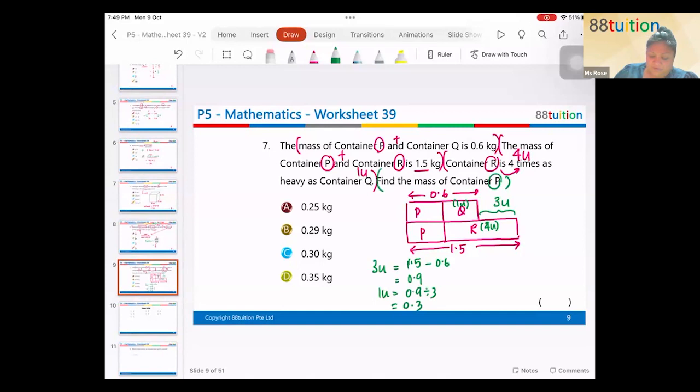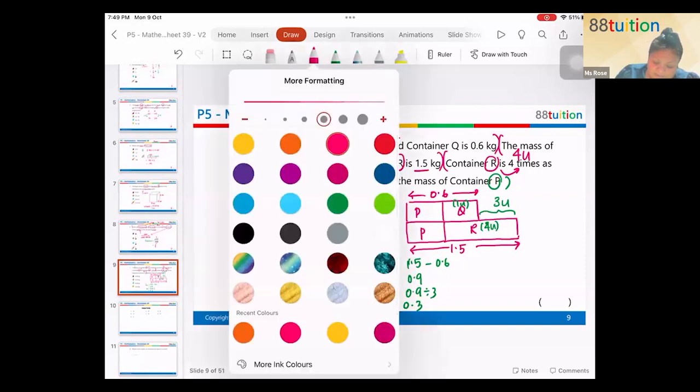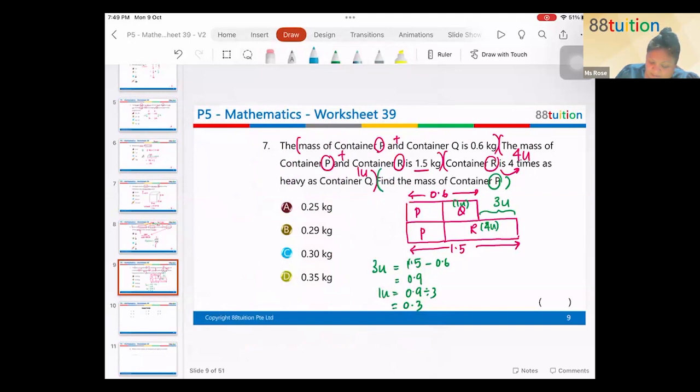So if container P and Q is 0.6, and you know that container Q here is 0.3 kg, right?